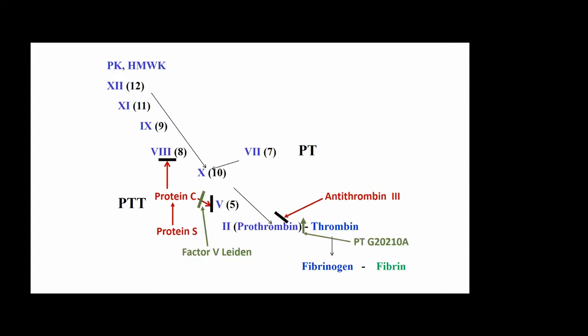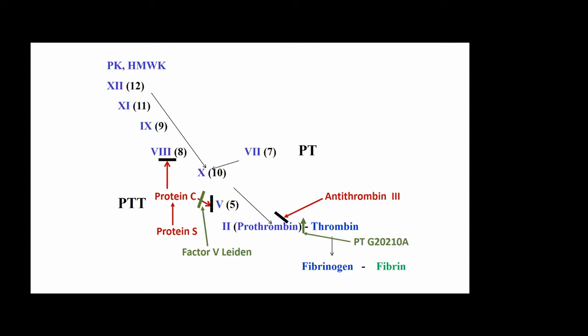Finally, using the same drawing, factor V Leiden and prothrombin gene mutation, G20210A, these are inherited disorders that result in hypercoagulability. And I'm going to talk about all of these in a little more detail in a minute. The prothrombin gene mutation results in increased production of prothrombin to a sufficient degree to cause a hypercoagulable state.